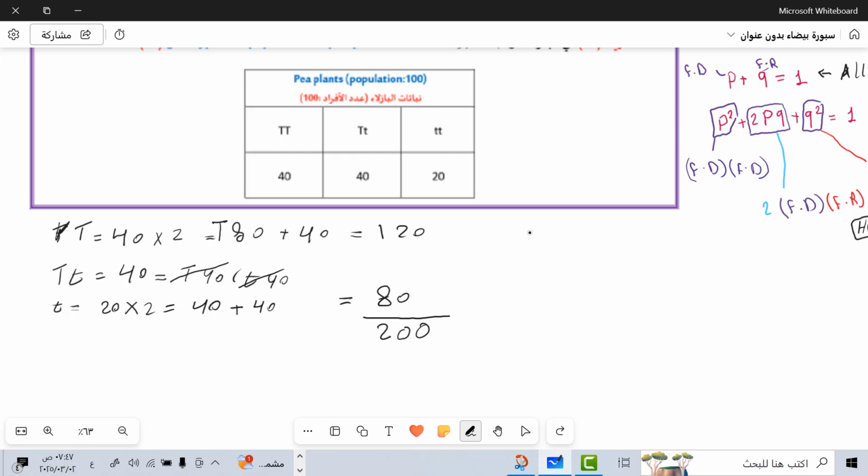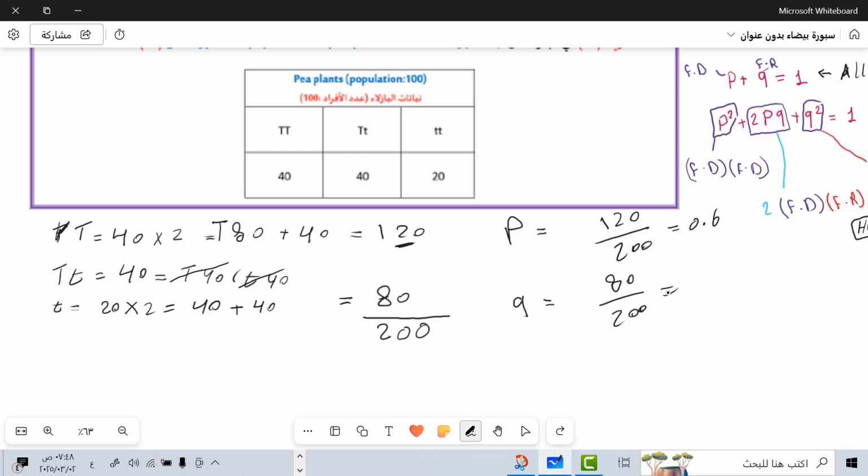Now to count the P, equal this one, 120 divided by 200, and the Q, for the recessive, equal 80 divided by 200. Let's use the calculator. 120 divided by 200 equal 0.6.